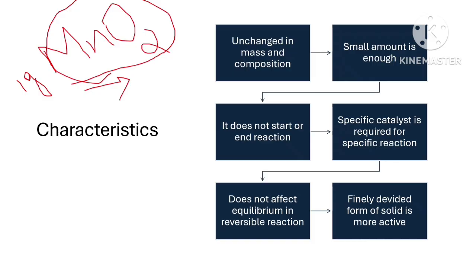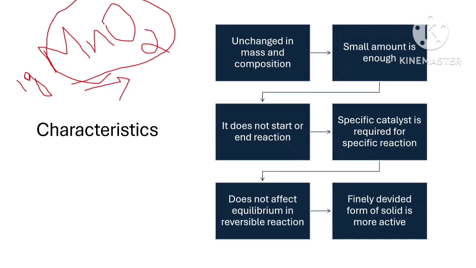Next, small amount is enough. It means only a little bit of catalyst is enough to accelerate or decrease the reaction. And the catalyst will not start or end the reaction. Okay, it will only accelerate or decrease the reaction. Clear? Specific catalyst is required for specific reaction. What it means?